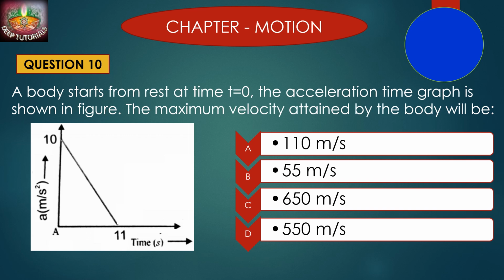A body starts from rest at time t equal to 0. The acceleration time graph is shown in figure. The maximum velocity attained by the body will be, your options are 110 meter per second, 55 meter per second, 650 meter per second, or 550 meter per second.